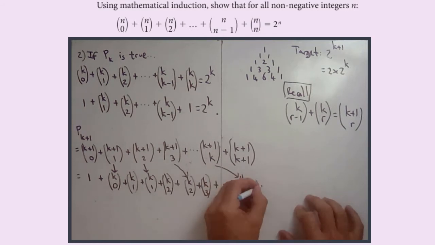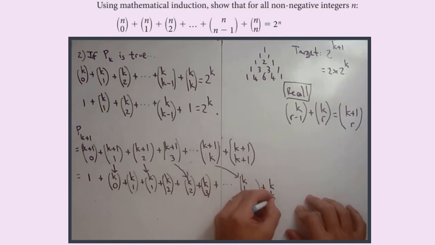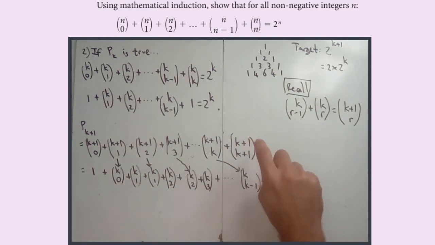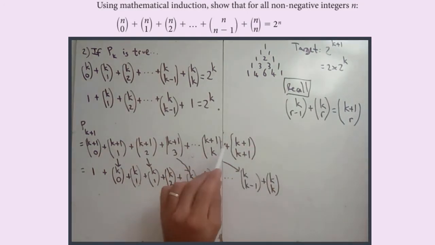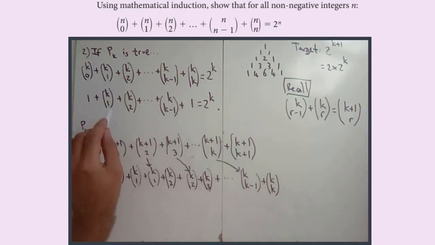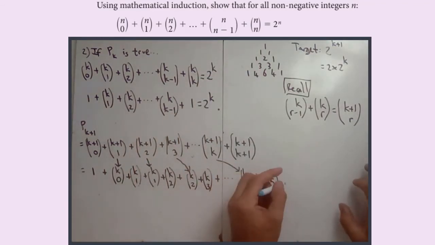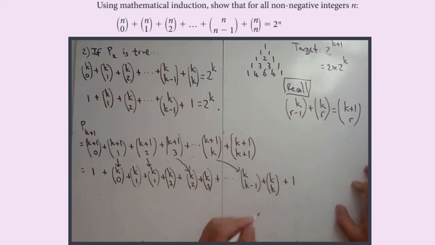And this last term, I think it's more beneficial just to leave it like that, because don't forget this is the last term, and as I pointed out in the Pascal's triangle, this is just 1, so I'm going to leave it like that, plus 1.